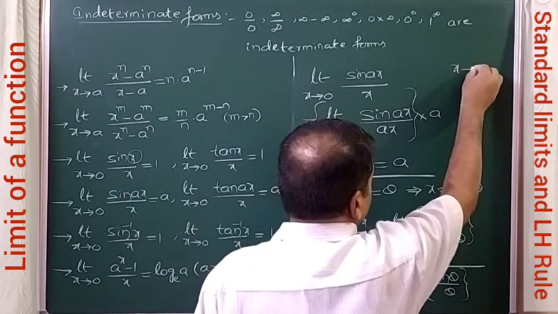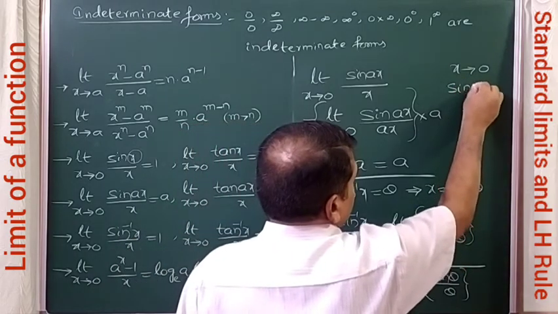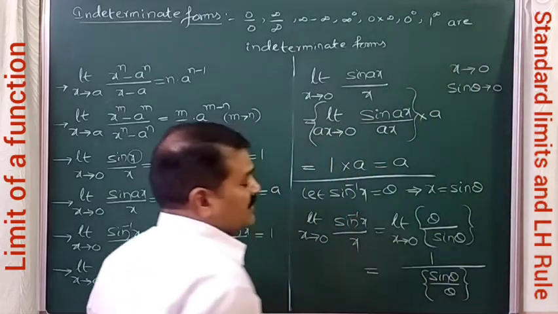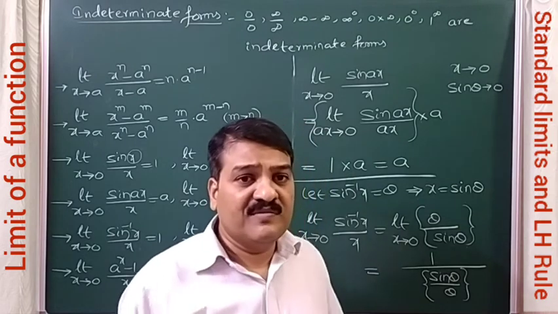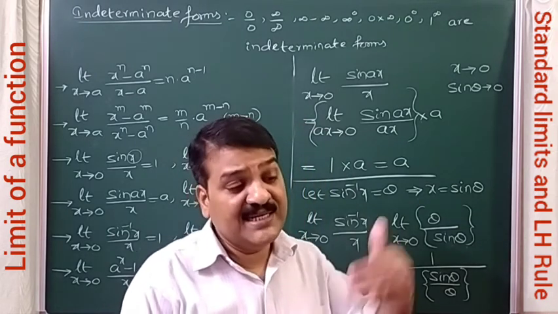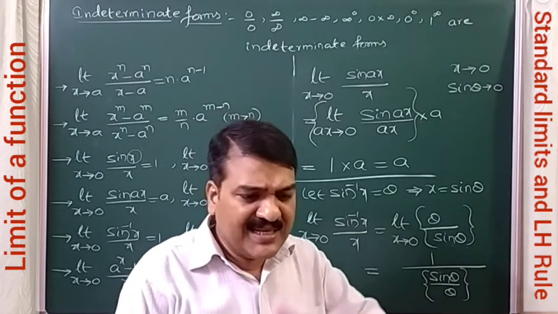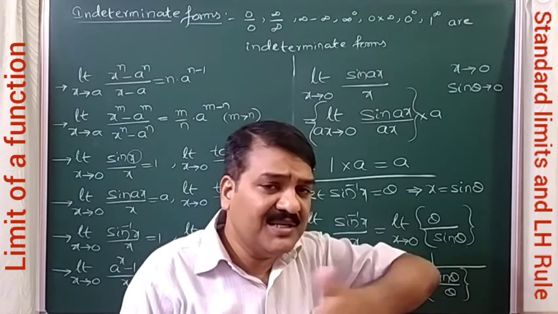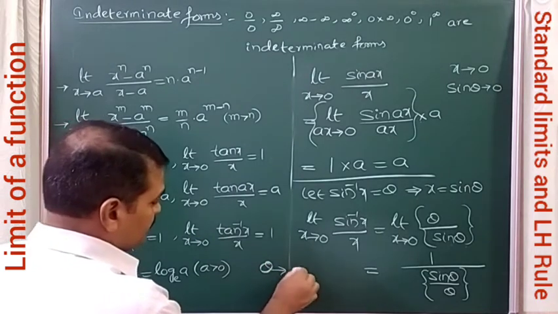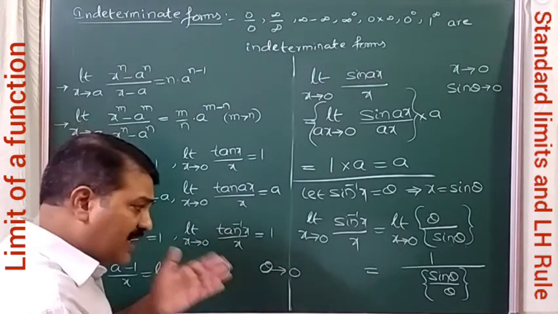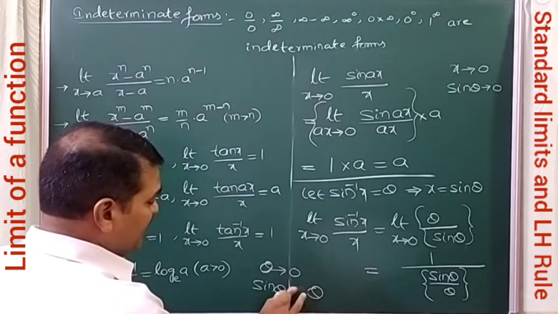We have x tends to 0. What is x? Sin theta. Sin theta approaches 0 or almost nearly equal to 0 when theta is 0 only, no? As sin theta approaches 0, theta will be almost equal to 0. So when theta is nearly 0, sin theta will also be nearly 0. That is, we know that as theta tends to 0, sin theta will be approximately equal to theta only.